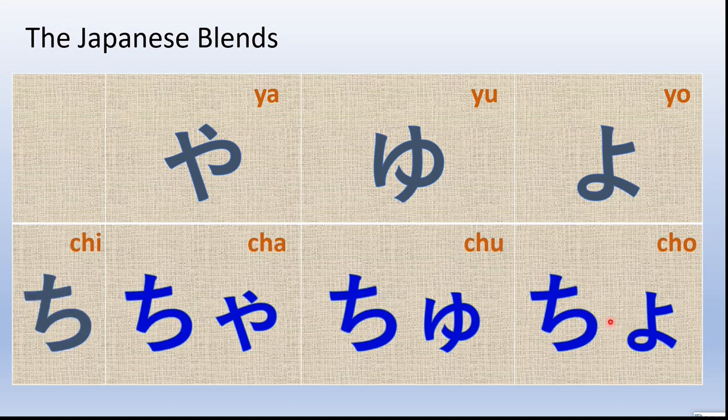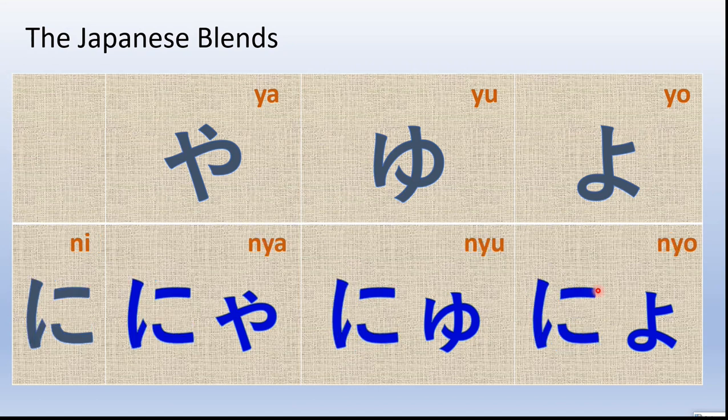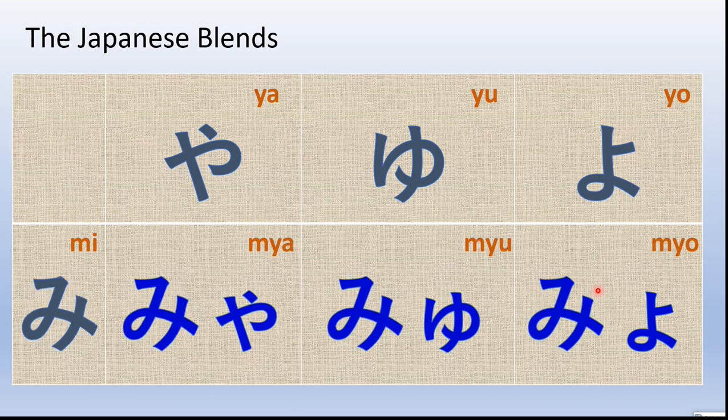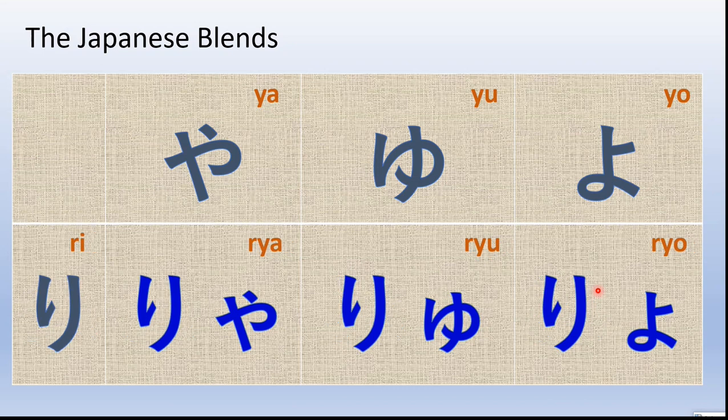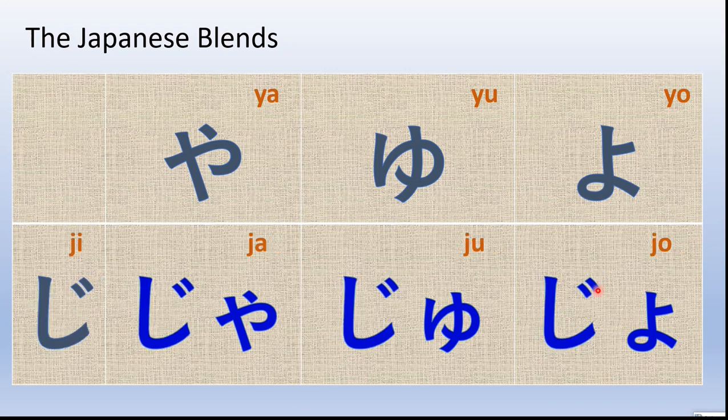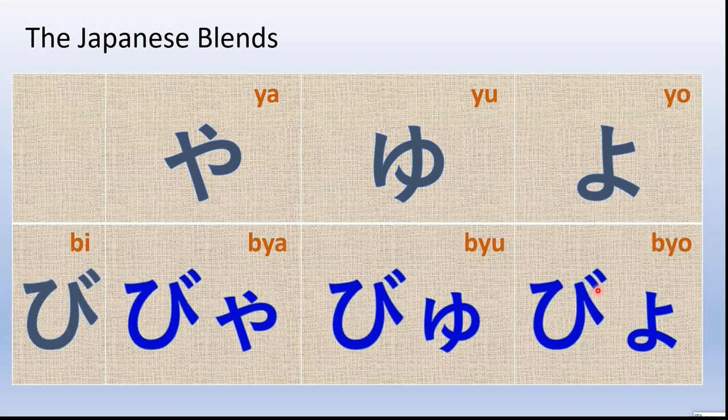Similarly, cha, chu, and cho, nya, nyu, nyo, hya, hyu, hyo, mya, myu, myo, rya, ryu, ryo, gya, gyu, gyo. So from here, the dakuon starts: ja, ju, jo, bya, byu, byo, and finally the handakuon line: pya, pyu, pyo.